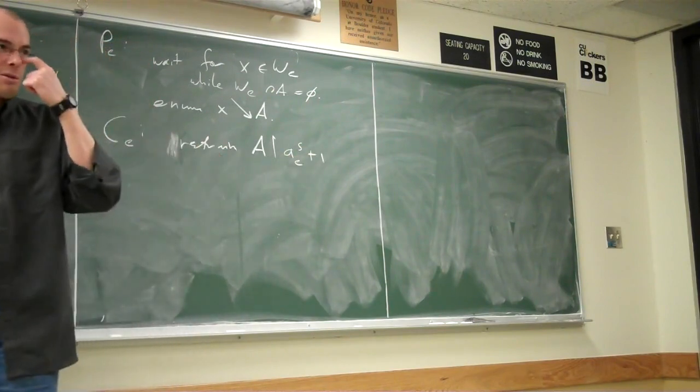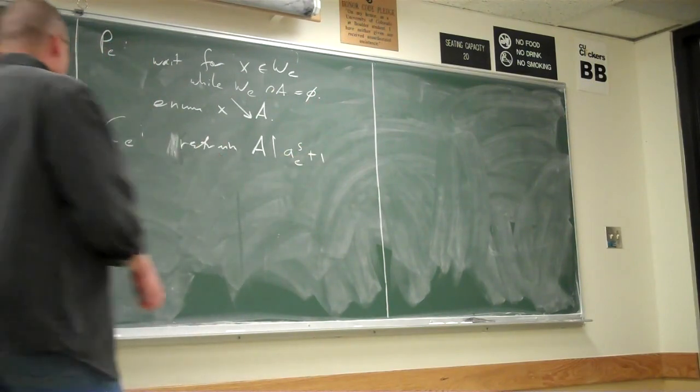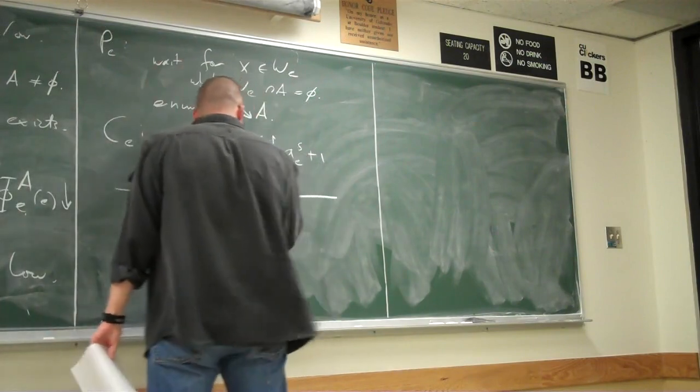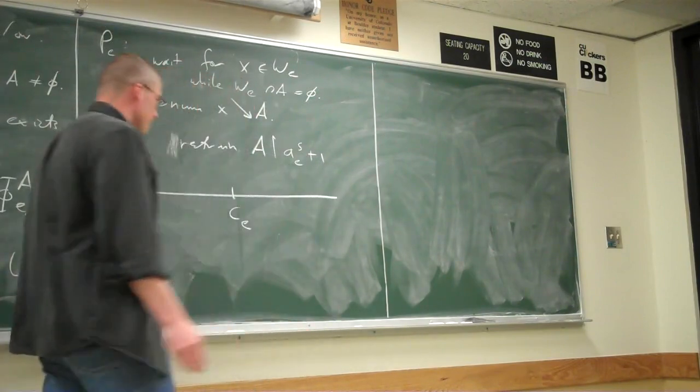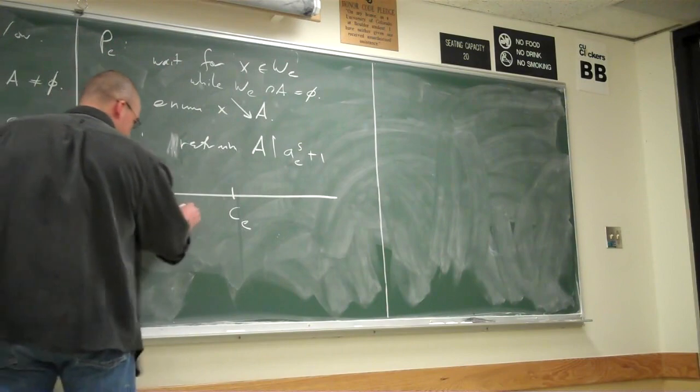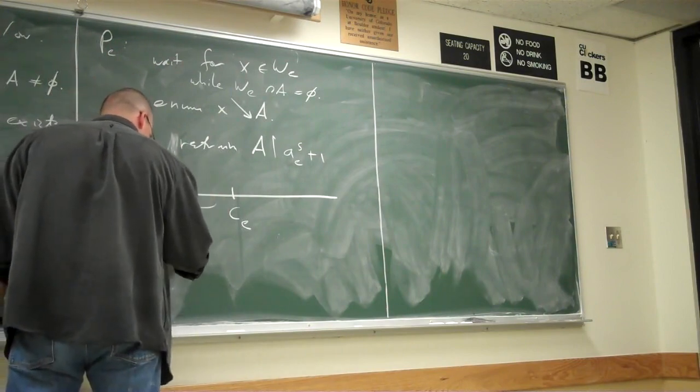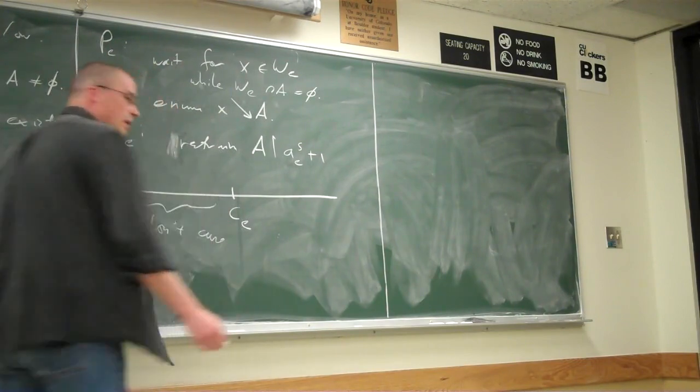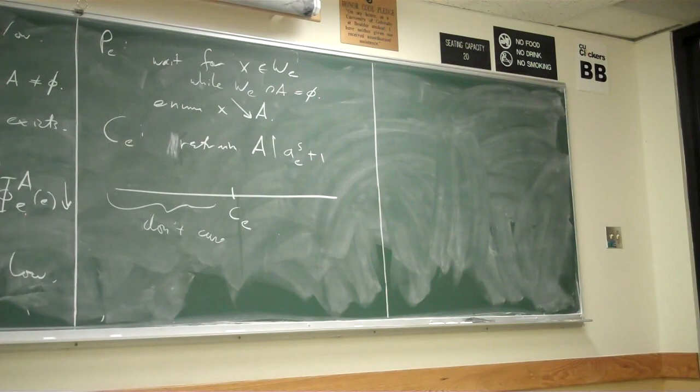So what does this mean in the construction? Well, in the construction it means that here is requirement C_e. These requirements don't care. They are higher priority requirements. They could not care less what C_e desires.